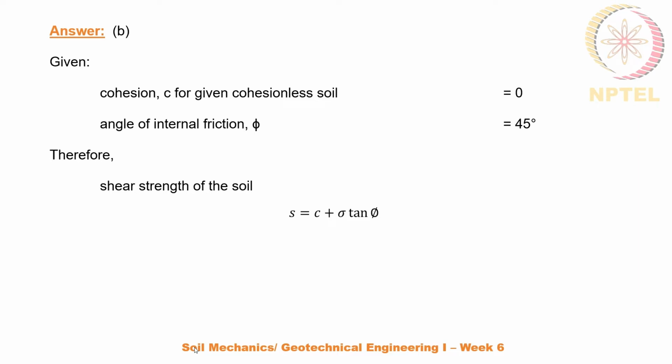Here, C is 0 and phi is given as 45 degrees. We are asked to determine the ratio of shear strength and effective stress or normal stress, which we have S by sigma is equal to 1. That is option B.